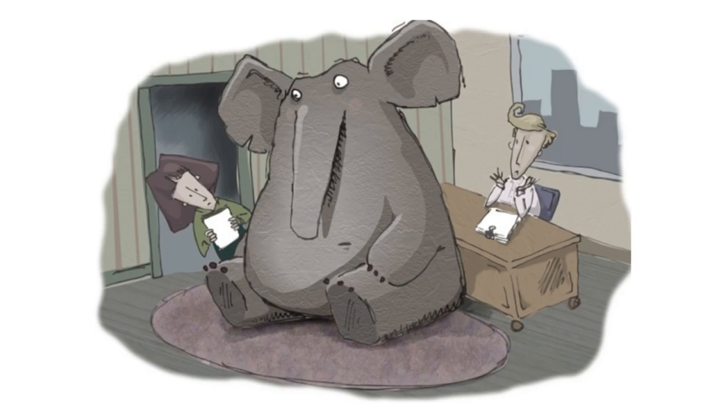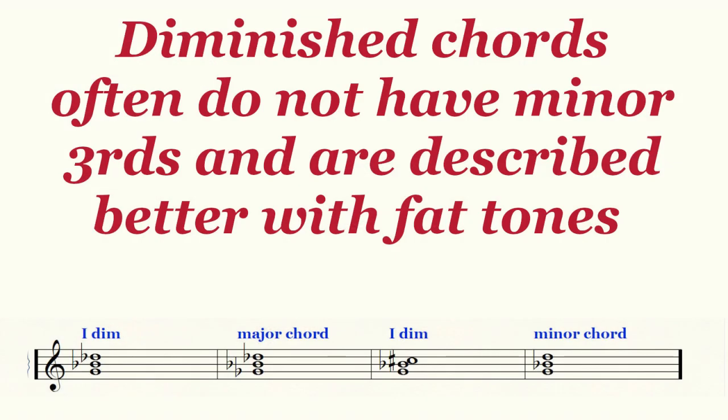In my next picture, I think we get to the elephant. We have an incomplete diminished chord that is clearly two minor thirds, and I see them as two fat tones. They are written that way because of where the chord is going when it resolves to a G-flat major chord. But in the second example, we have that same incomplete diminished chord resolving to a G minor chord.